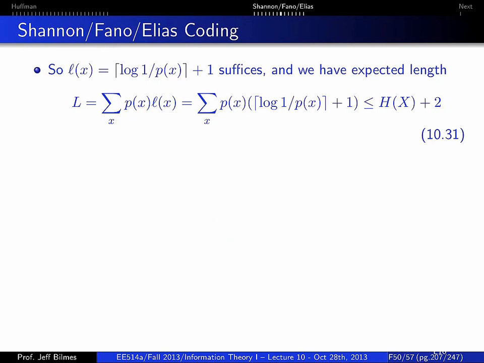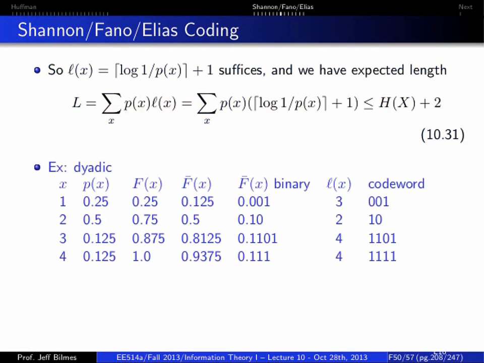Okay, so let's find out what the expected length is. We compute the expected length, which is the sum over x of p of x times L of x. We plug in the value of L of x, and we get the entropy plus 2 as an upper bound.